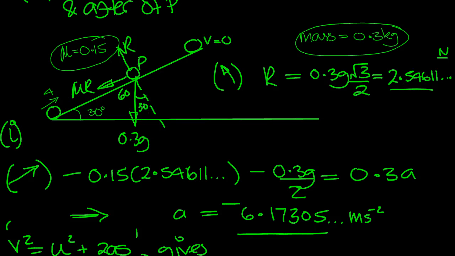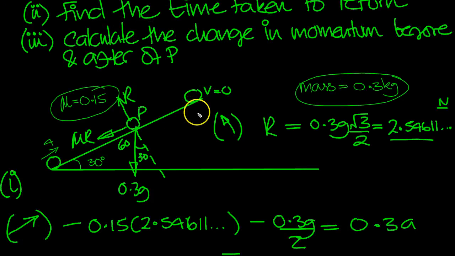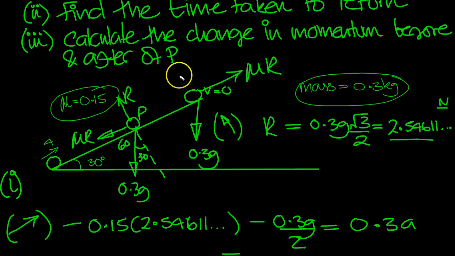Now part 2. So it comes to stop there at that distance. Find the time taken to return. So it comes to stop here. It's got its weight still acting on it, 0.3 g. The mu is now going to act against the motion. It's still got its reaction force here the same. So R will still equal that.